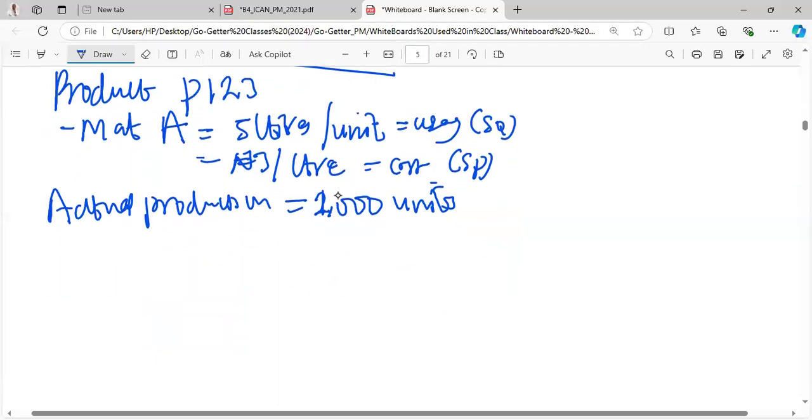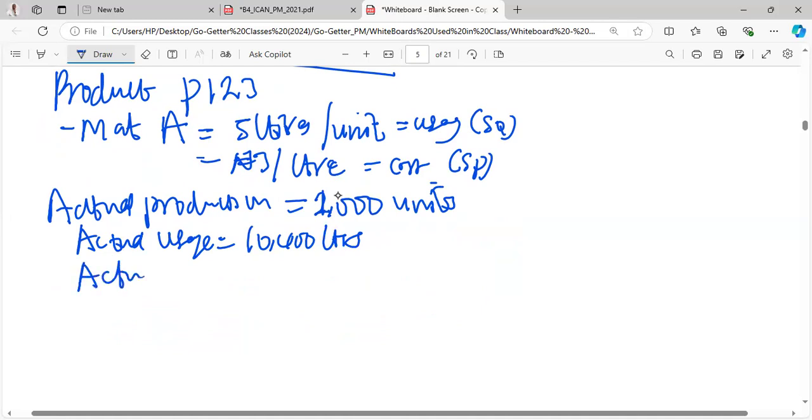So, and I will say actual usage, 10,400 liters.